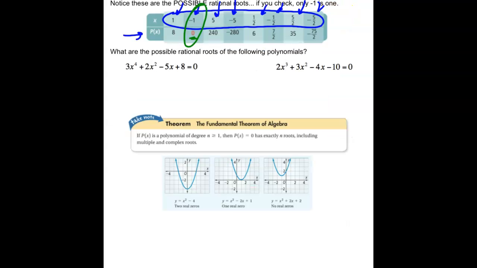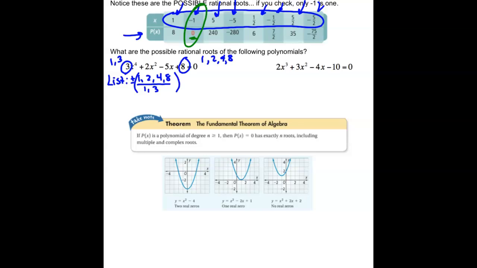Our first one here just says, what are the possible rational roots of these polynomials? So we need factors of 8. Factors of 8 would be 1 and 8, or 2 and 4. And factors of 3, which would just be 1 and 3. So my list of possible ones, again, these aren't all going to work, but these are the possible ones, are factors of 8, 1, 2, 4, or 8, over factors of 3. And again, it can be positive or negative.